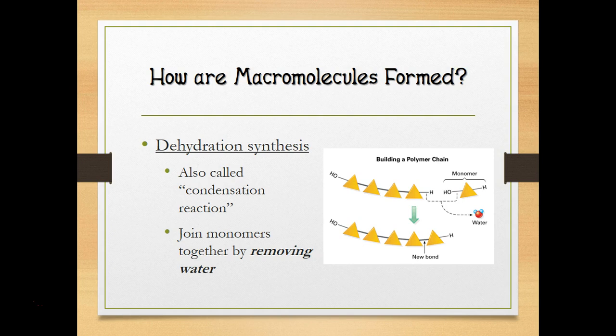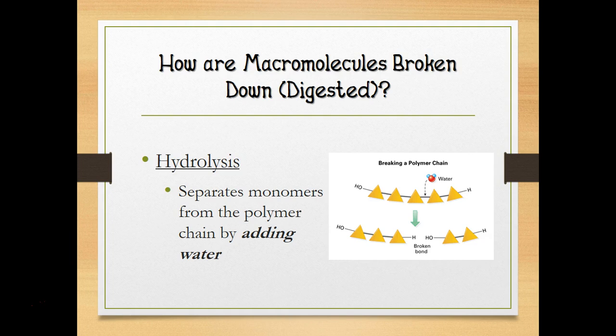So dehydration synthesis, I'm making a polymer. I'm making it bigger. I'm adding monomers to the chain. In order to do that, I've got to take water out. Well, guess what? If I'm going to break down the macromolecule or digest it, if we want to think of it that way, and make more monomers out of it, I'm going to add water. So it's essentially the exact same process, but backwards.